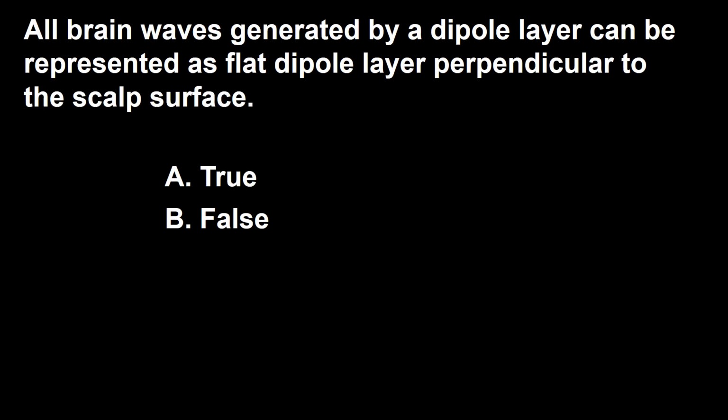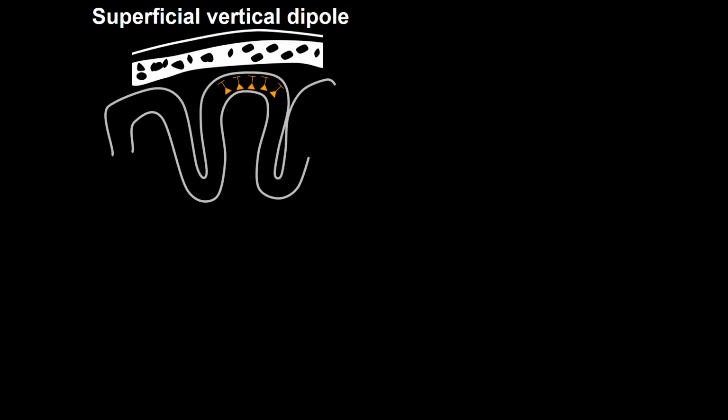Next question. All brainwaves generated by a dipole layer can be represented as a flat dipole layer perpendicular to the scalp surface. A true, B false. The representation of the layer of pyramidal cells generating the EEG waves can be made according to the orientation of the dipole created by their activation, as you can see in this frame.